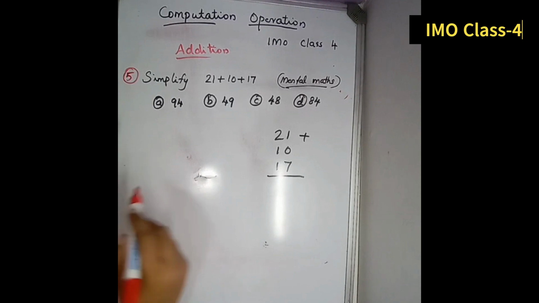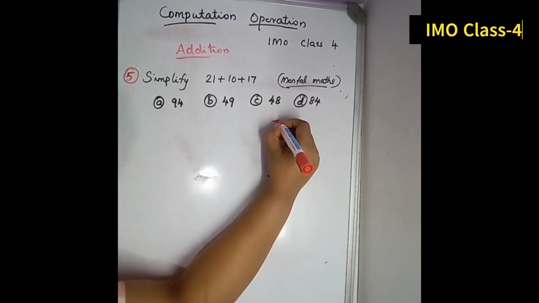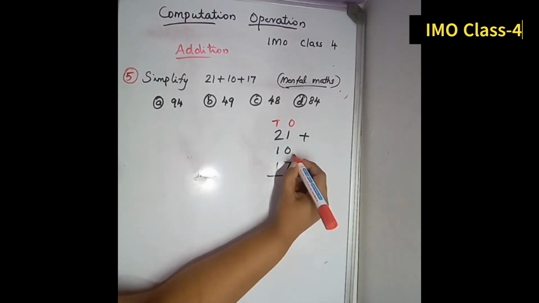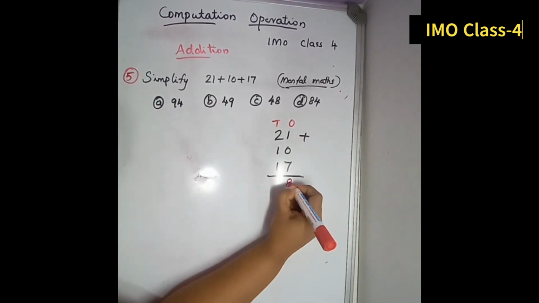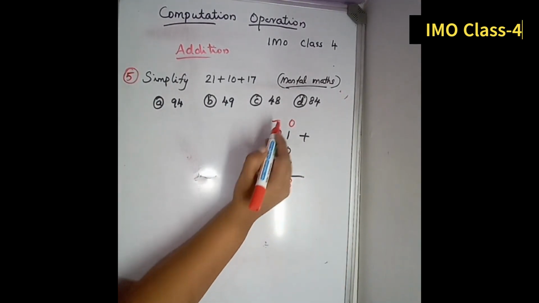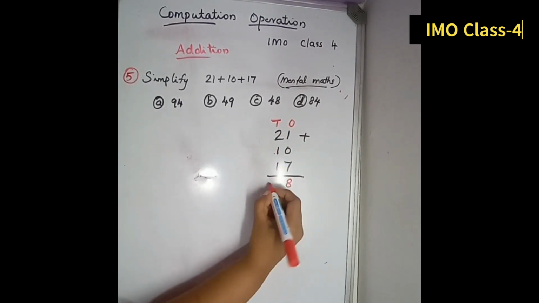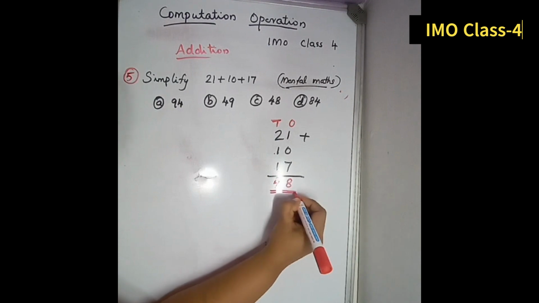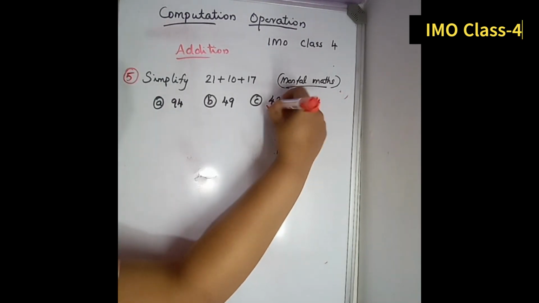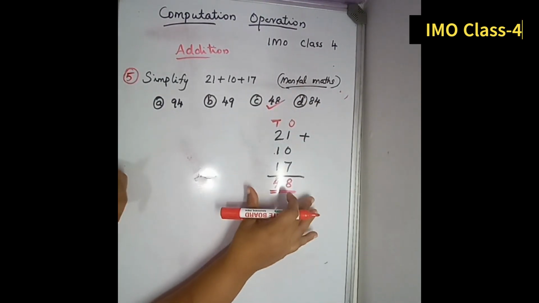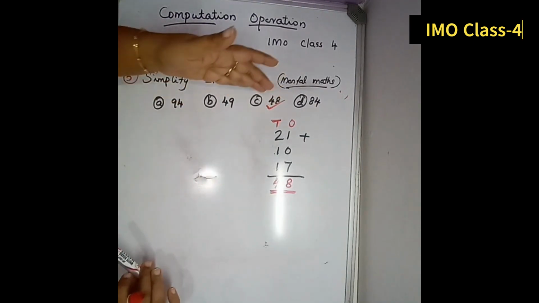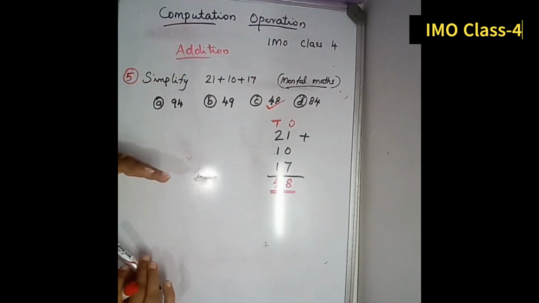As all of you know, this is our ones place, this is our tens place. 7 plus 0 is 7. 7 plus 1 is 8. Moving to the next place, that is the tens place, 1 plus 1 is 2. 2 plus 2 is 4. Here our answer is what? 48. After solving the question completely, we get 48 as our answer.